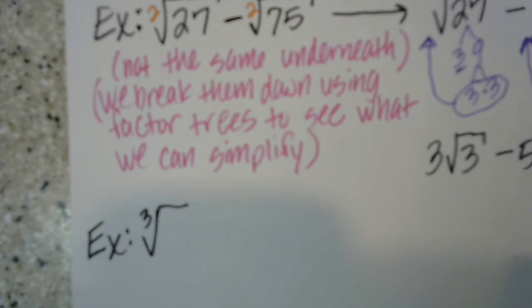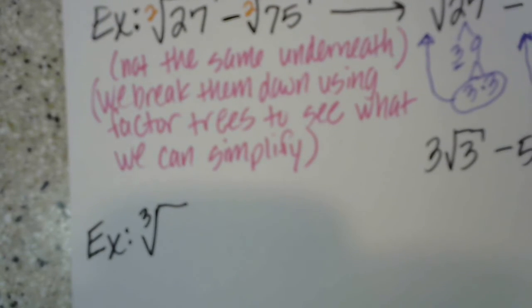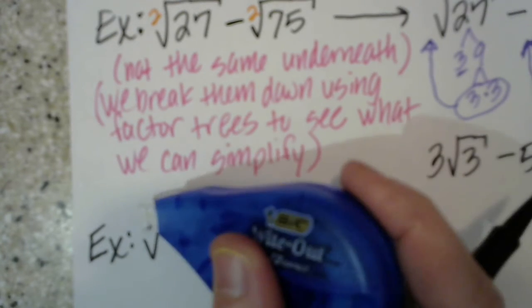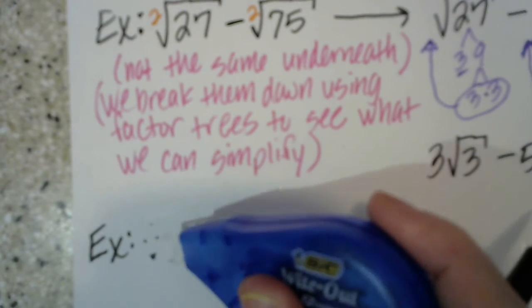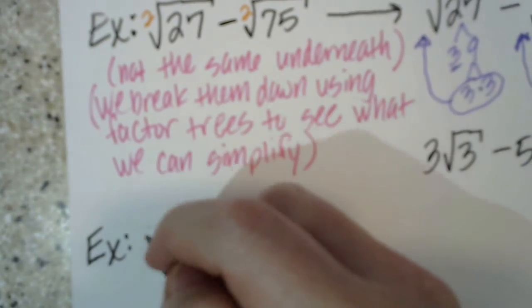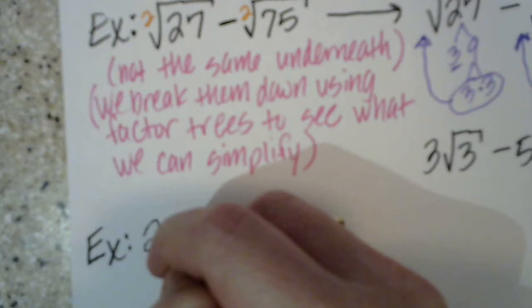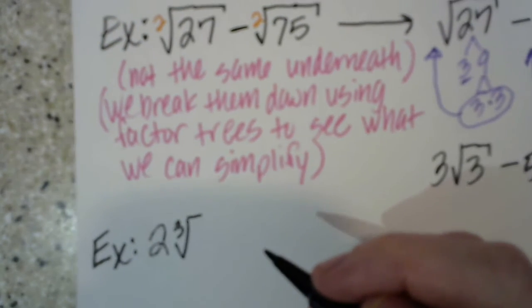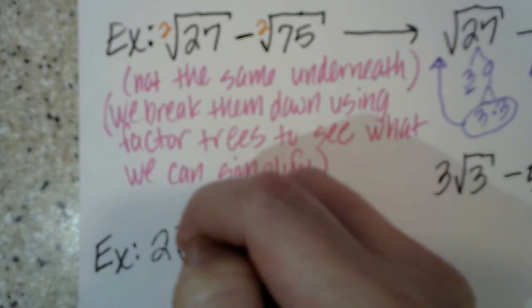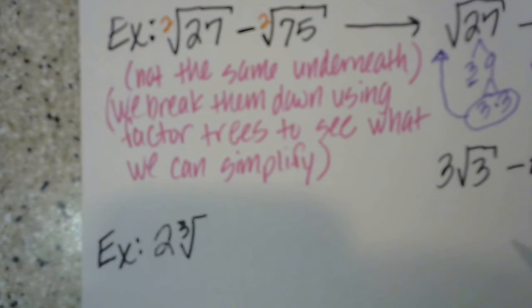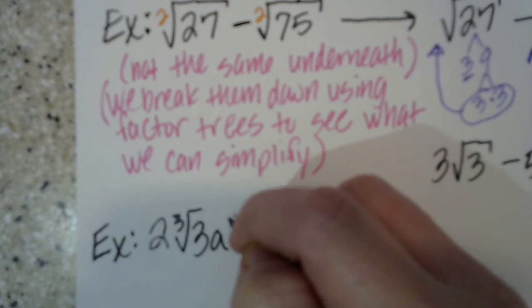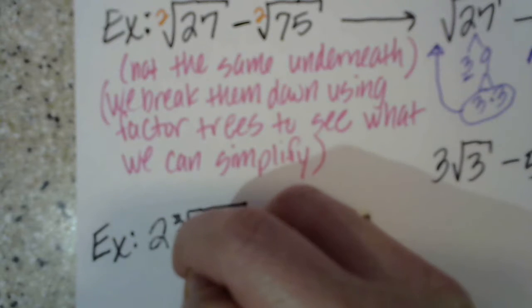Oh, I left something off. 2 in front of the cube root. So 2, then the cube root. Hope y'all can see that. Yeah. 2 cube root of 3a to the 4th.